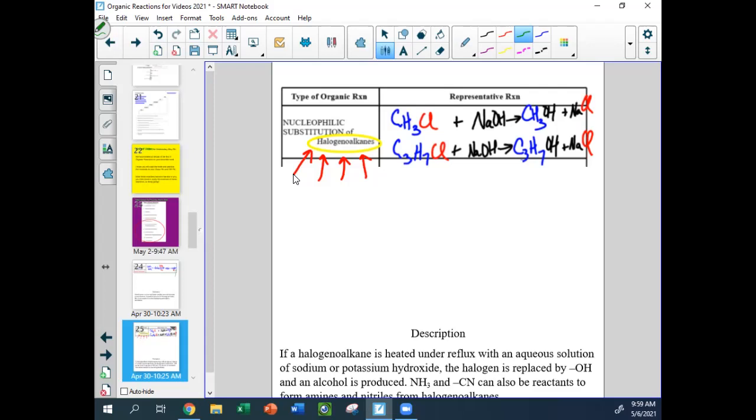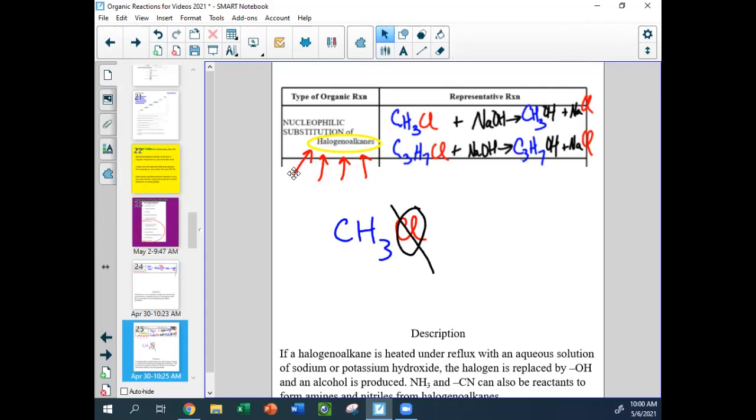All right, so if you look what's happening here, you have these color-coded chemicals. I'm saying that you're starting with something like CH3Cl, 1-chloromethane. And this reaction is going to pull off the chlorine. The chlorine is going to be removed from that molecule.